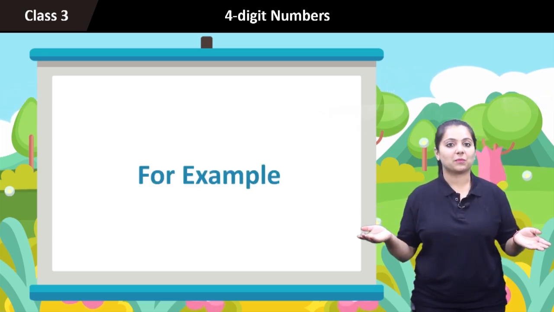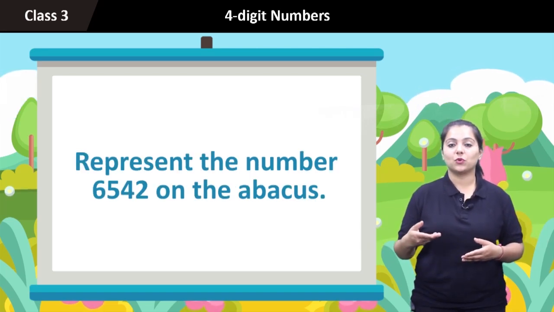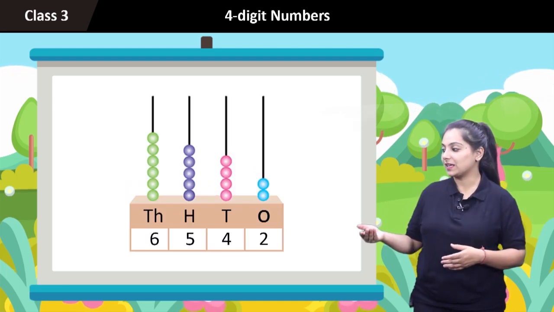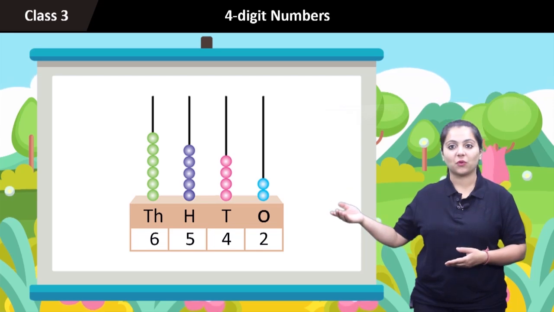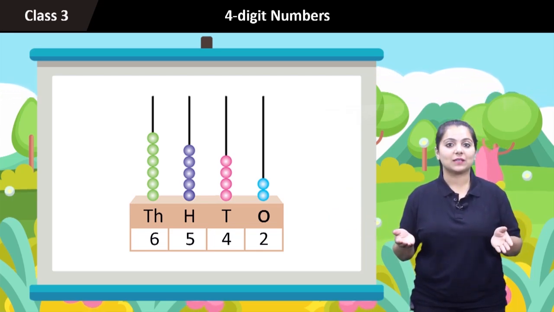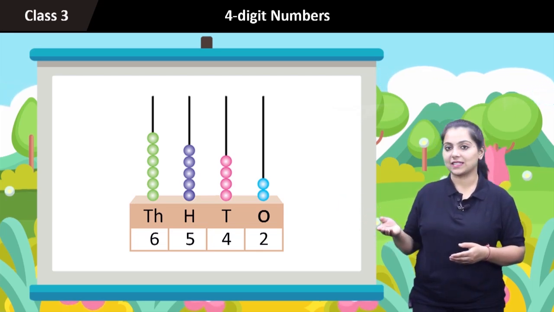Let's see one example. Represent the number 6542 on the abacus. Now let's draw the abacus. There are 4 rods. 1, 2, 3, 4. Now first of all we'll write their place values: ones, tens, hundreds and thousands.